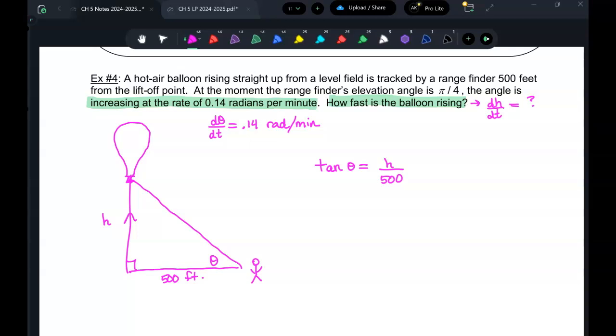We can't plug 45 degrees in until we've done the derivative, because this angle is changing at 0.14 radians per minute. It's getting bigger and bigger because the balloon is going up. The only thing we can plug in is the 500.